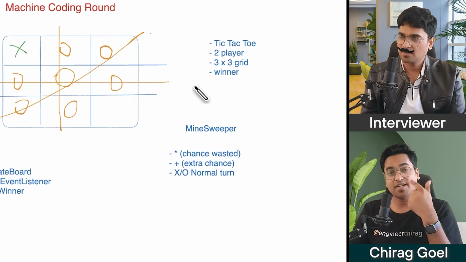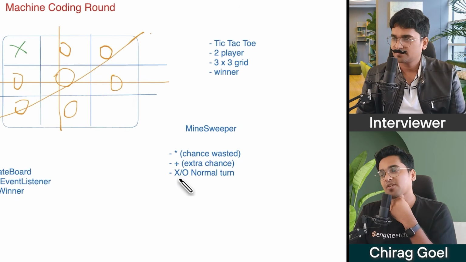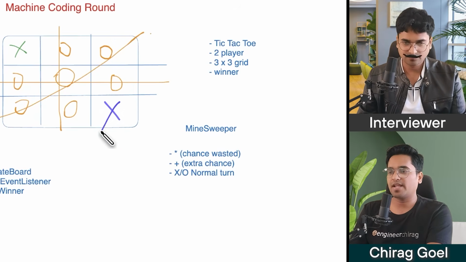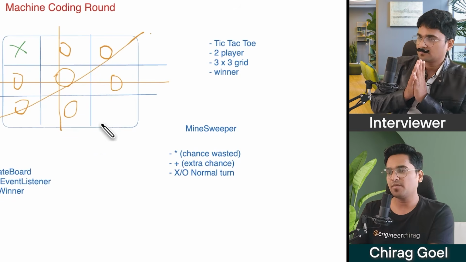Awesome. And in case we get X or O, then it's a normal turn. Your chance is not wasted, you won't get an extra turn, and you will play this.